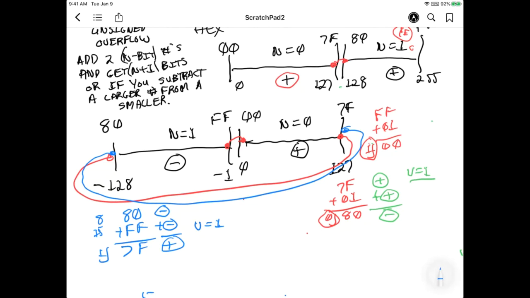It means that the number has overflowed the signed number system's ability to represent a valid result. One other thing you'll see is that we've got a 1 here. So this calculation, 80 plus FF, is not only not valid as a signed value, it's also not valid as an unsigned value either.